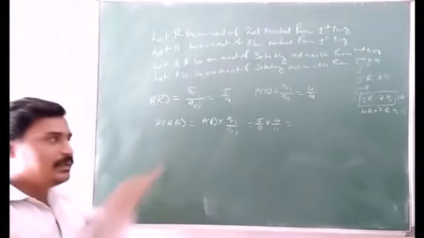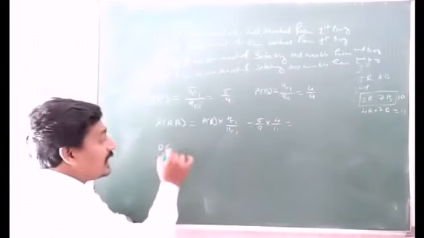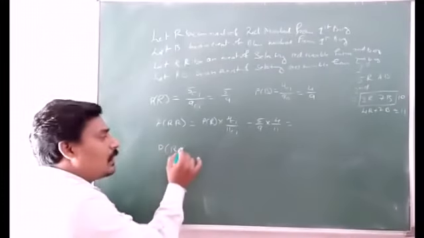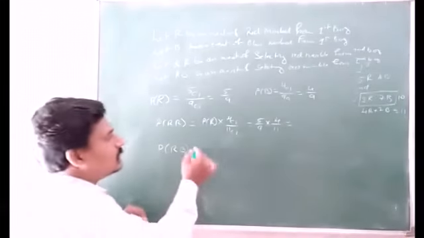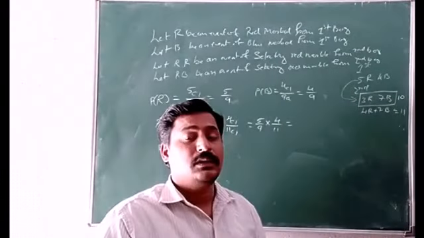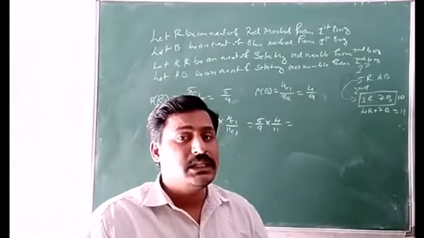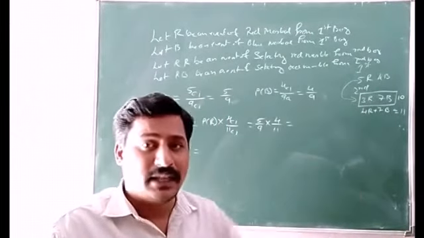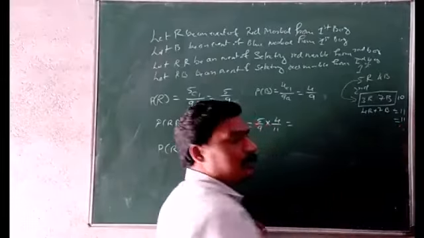Let us keep it like that only at present. Now probability of selecting red marble after selecting blue marble from the first bag: we have assumed that from the first bag blue marble is selected and placed in second bag, so again total marbles will be 11 here.